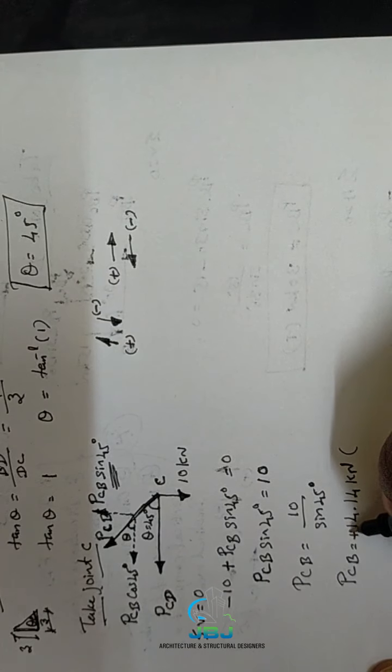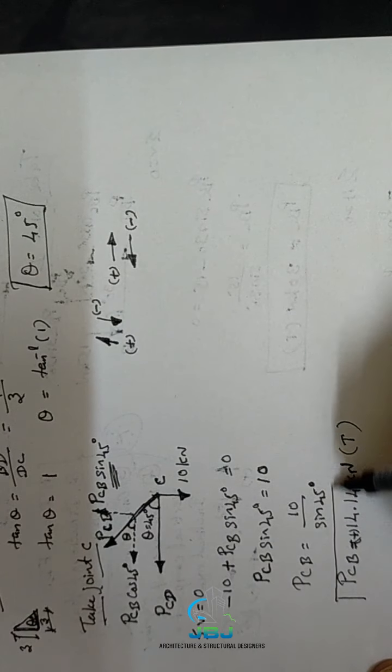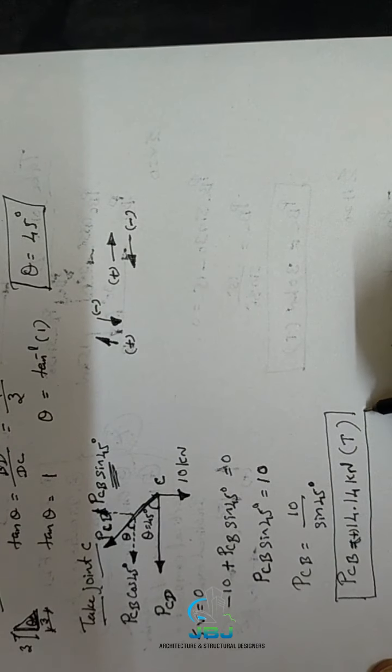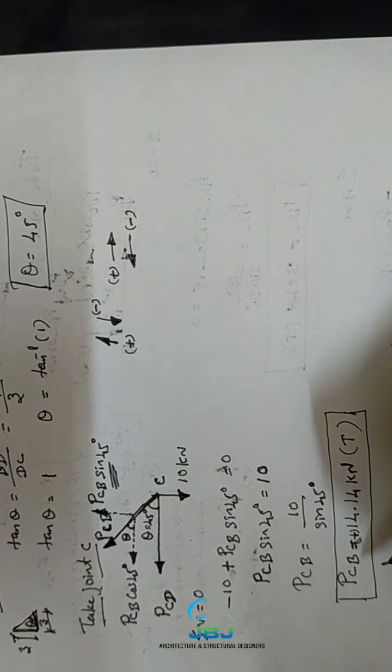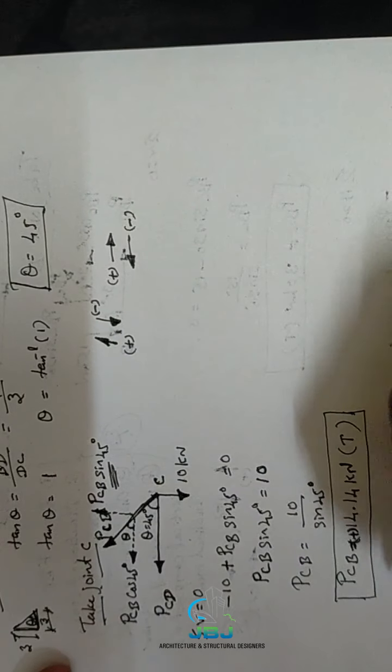So we get the positive result, right? This positive represents that it's a tension. That means our assumption is right, and our value is also right. This positive sign represents our assumption is right.